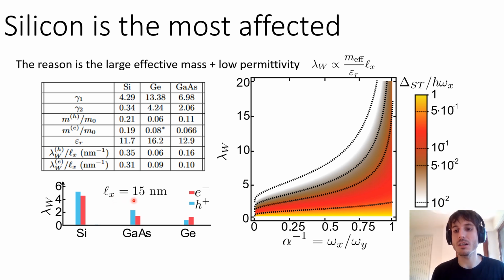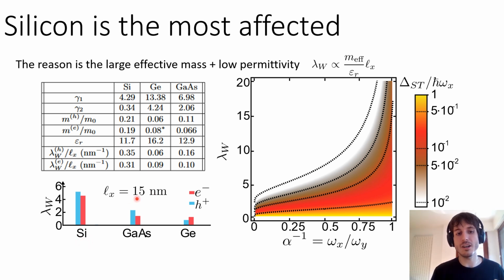We take a quantum dot with a length of 15 nanometers, and we can translate this into a Wigner ratio for silicon, gallium arsenide, and germanium. Due to the differences in effective masses and permittivities, we find that silicon is the most effective.